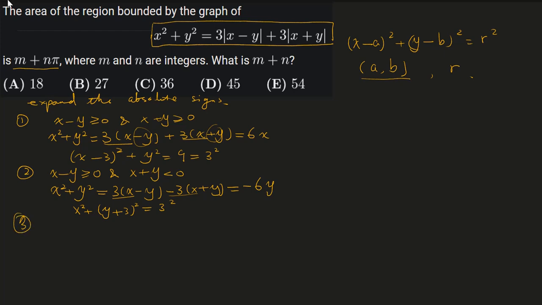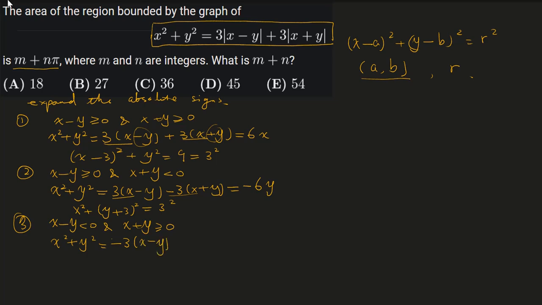In the third case, let's assume the inner part of the first absolute value is less than 0. So that is x minus y less than 0. And the second part is greater than 0. x plus y is greater than or equal to 0. So the curve becomes x squared plus y squared equals minus 3 times x minus y, right?